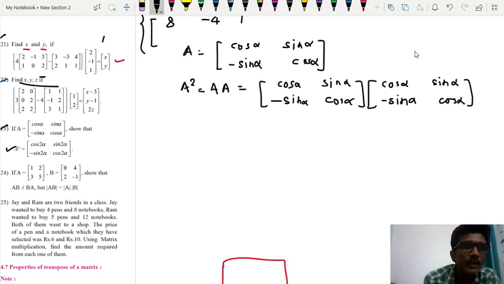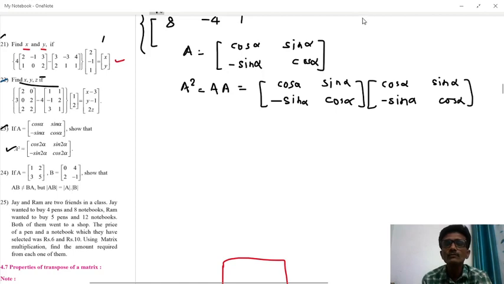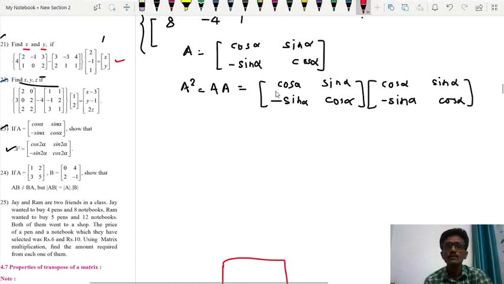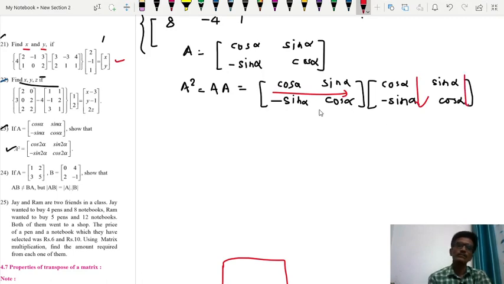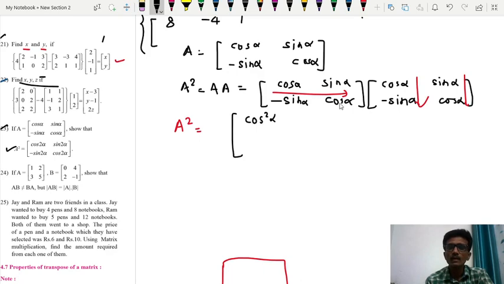So we will be multiplying it first row into column. See here, first row into first column, first row into second column. So what will be the multiplication? A square is equal to, here multiplication is this cos square alpha, and this is minus sin square alpha.